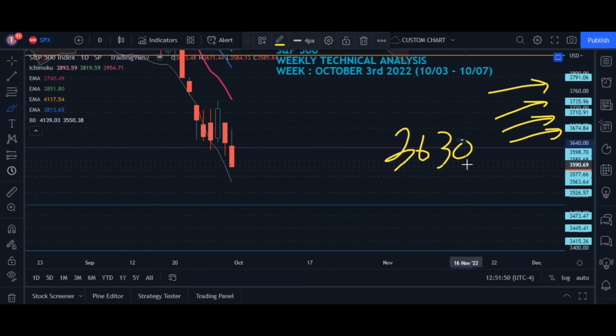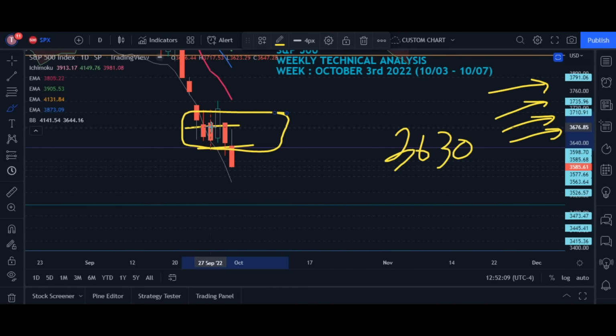Not just 3675 but 3710, so you can say this is a very good zone, because across these six candles there are billions of dollars in this particular zone.